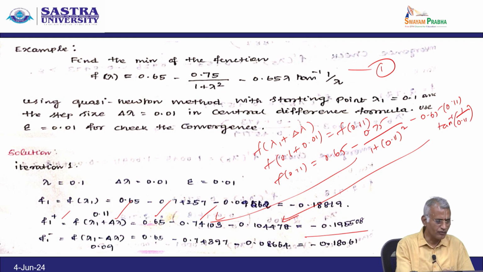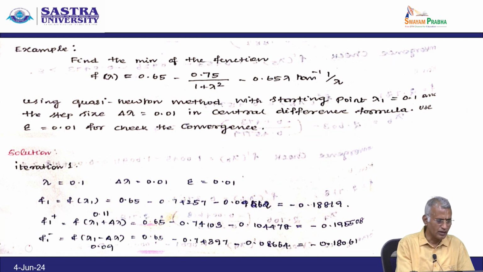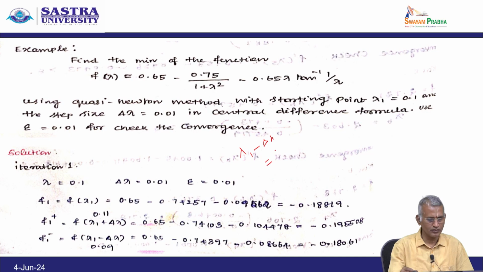And similarly, f1 minus, you have to decrement lambda 1. Therefore, lambda 1 minus delta lambda is equal to 0.1 minus 0.01, so the net value is 0.09.